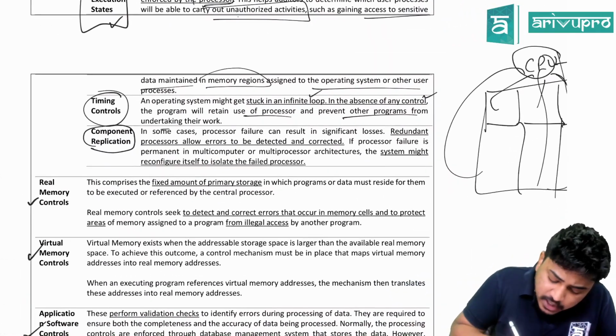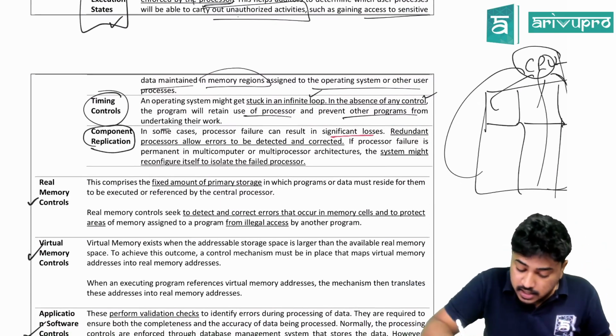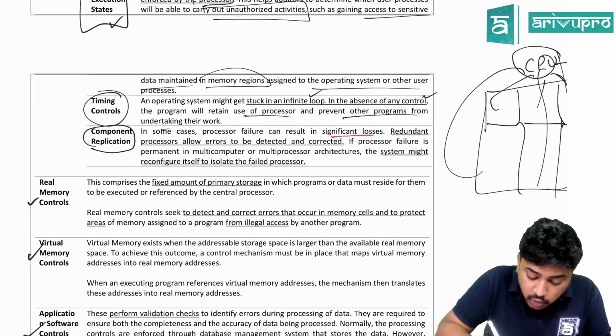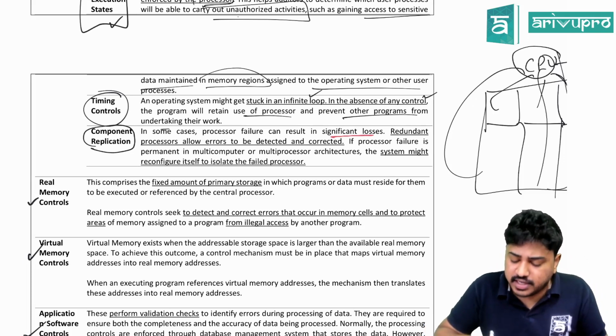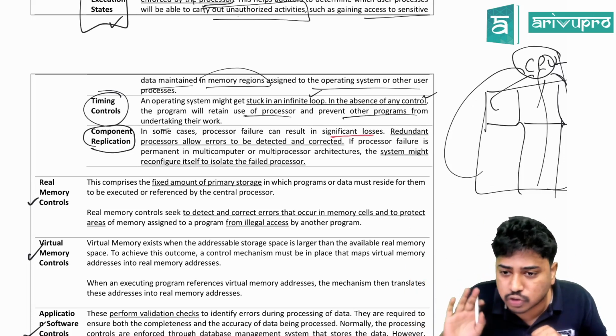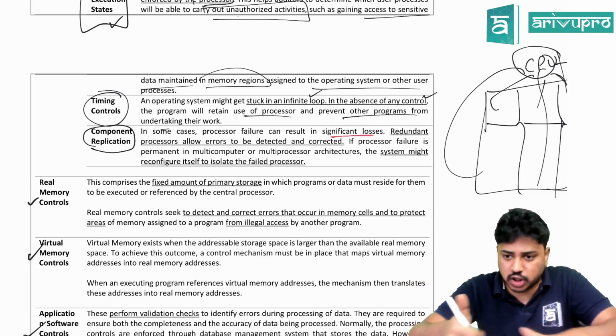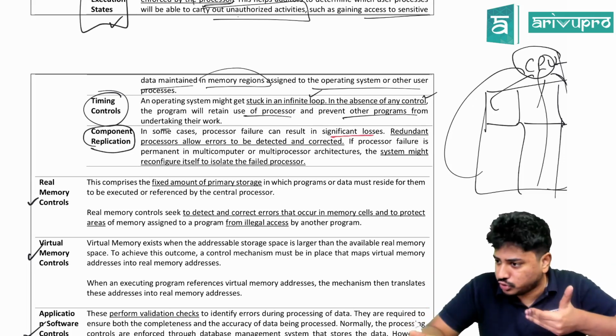Let's read it. In some cases, processor failure can result in significant losses. The redundant processors allow the errors to be detected and corrected. Redundant means the things which are not used. Not every time are all 8 processors going to be used. One processor might be used, or 3-4 processors. It depends upon your usage.